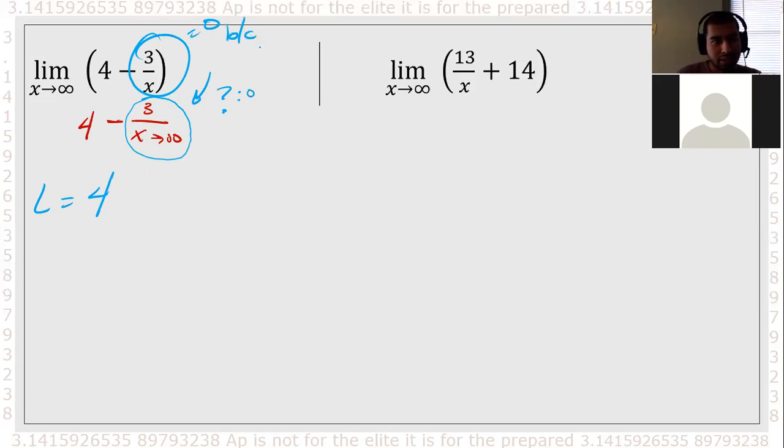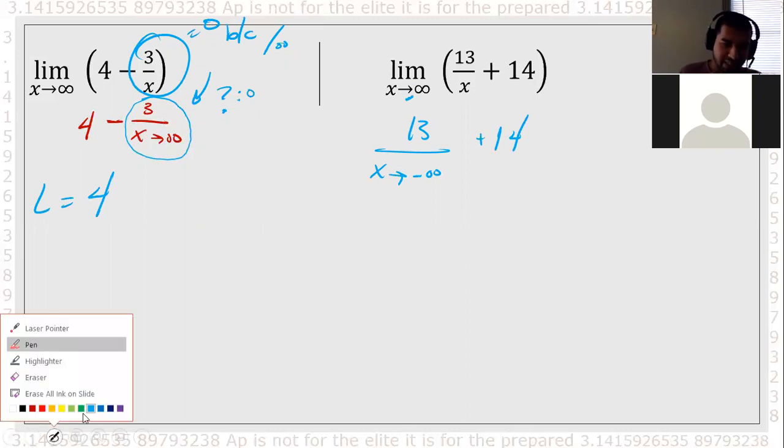Because you divide by infinity, right? Let's pretend this was negative infinity. Let's try the next example. The 13 divided by x going to negative infinity, plus 14. Guess what, guys?